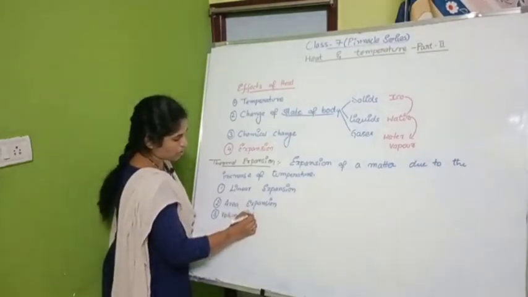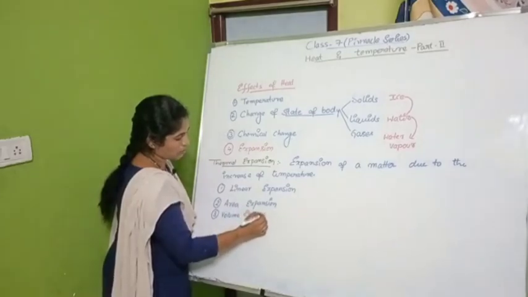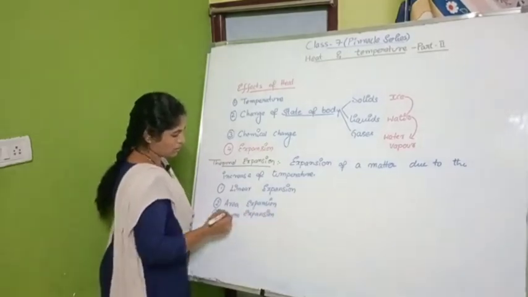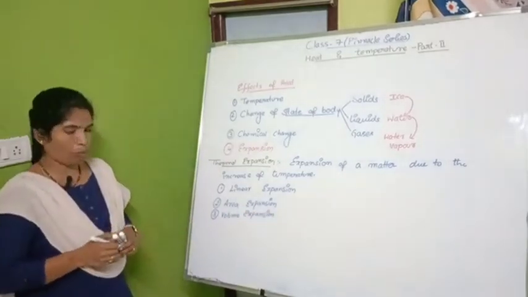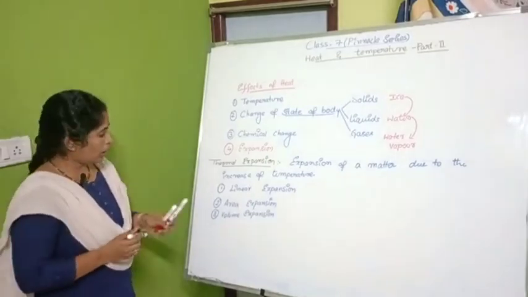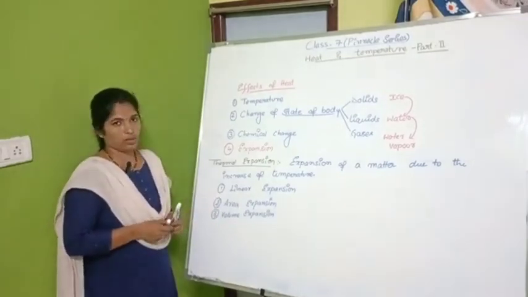So how many types of thermal expansions? Three: linear, area, volume. The name itself represents what this expansion is.